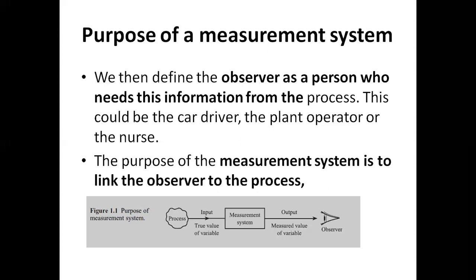And the question which might be asked is, is the input from the process always equal to what the measuring system gives us as an output? Ideally, that should be the case. The input value should be equal to the output value or measured value in an ideal situation.